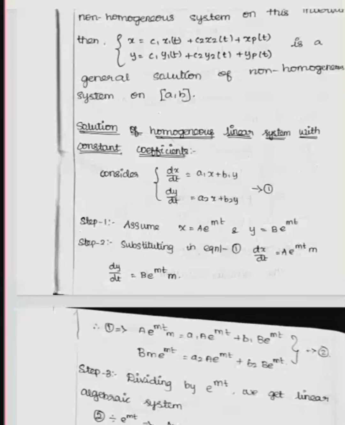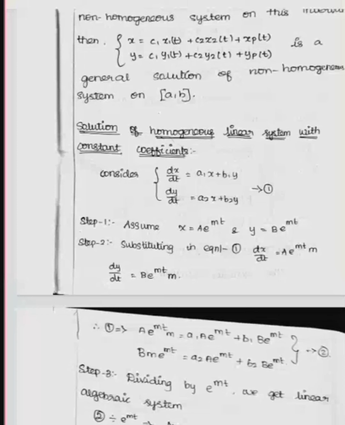Similarly, you differentiate y, that is dy by dt, which equals B, a constant, times the derivative of e power mt, so e power mt into m. First you identify the x, y terms, then differentiate them, and then substitute in the equation.